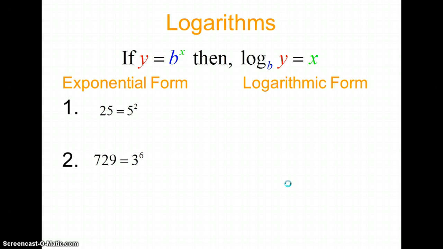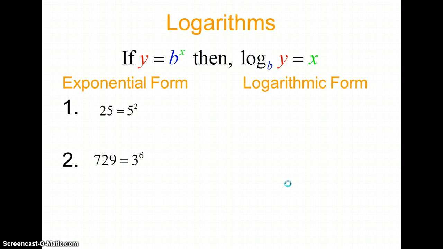But if the exponent happens to be a variable and we can't have a specific root to use, we're going to use a logarithm. So to do that, we need to look at how the exponential form and the logarithmic form are related to each other. I'm going to take these basic exponential expressions, and they all have values, just to show you how this really is going to work.